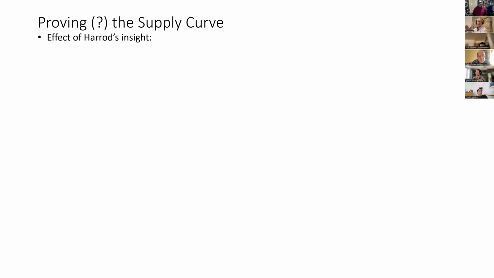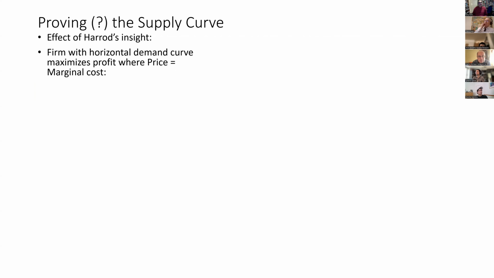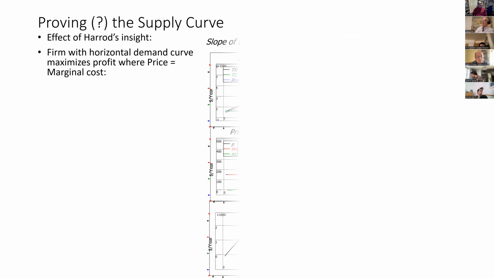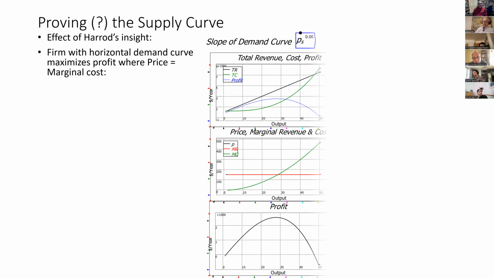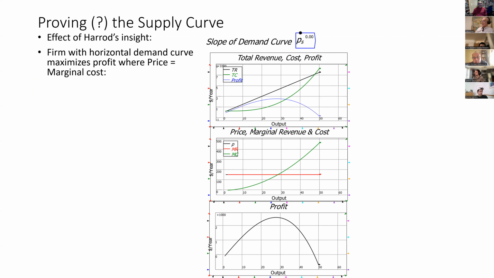And this is the point I lost too much time trying to work on, and I'll show you in a moment. So you have a firm with a horizontal demand curve, so the price doesn't change regardless of the amount the firm produces. Then what you get is this curve. This was what I was doing earlier today. So there's your total revenue going straight up.